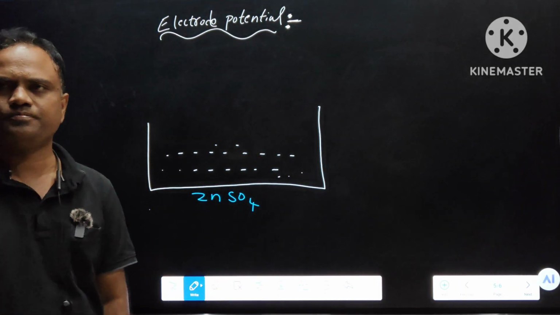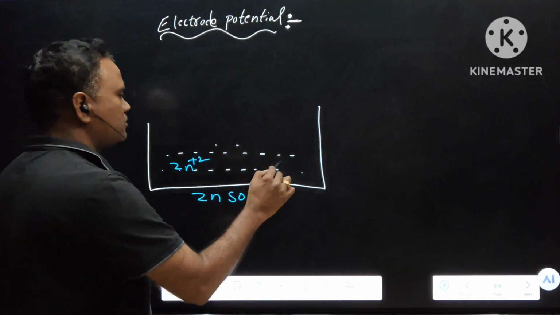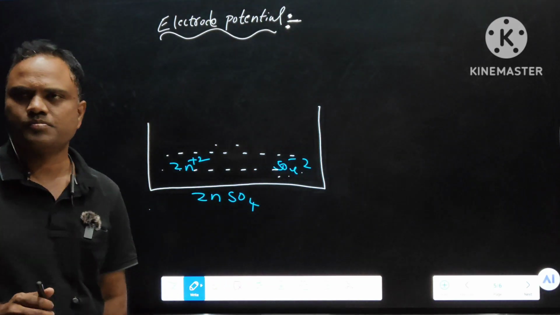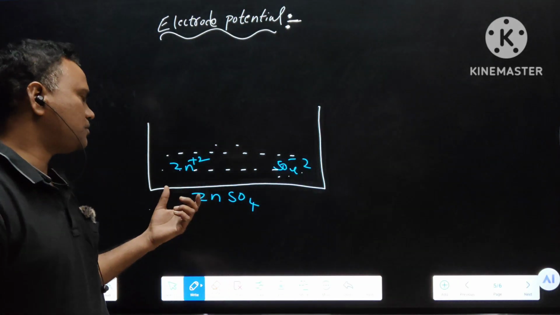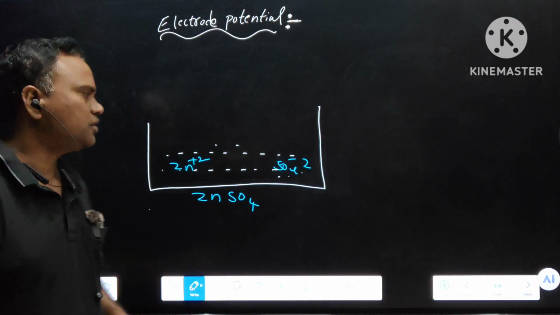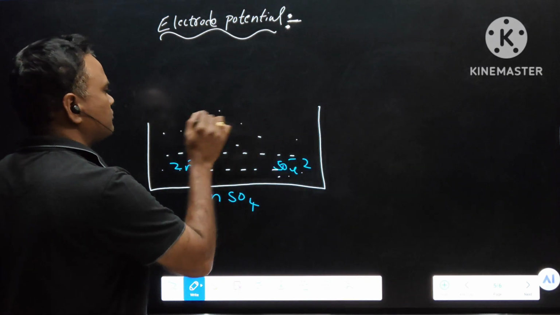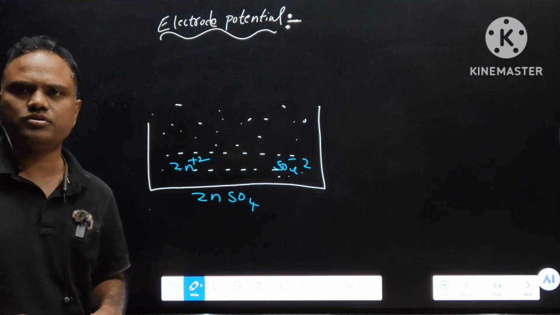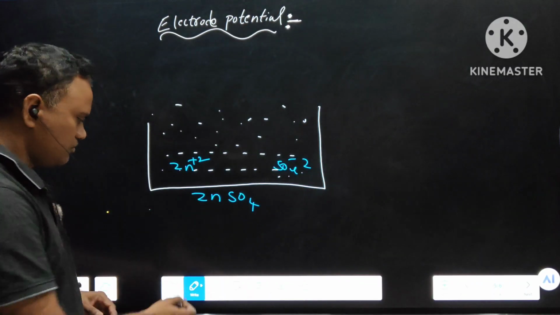In this, Zn2+ ions and SO4 2- ions are present in equal amounts. If 100 Zn2+ ions are present, then 100 SO4 2- ions are present. Right? This is the zinc sulfate solution, in which positive and negative ions are present.